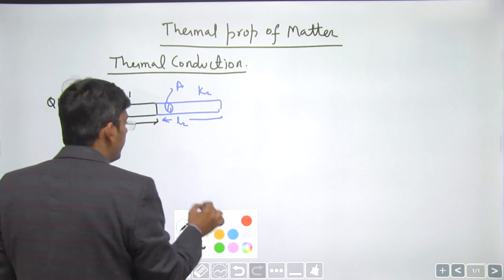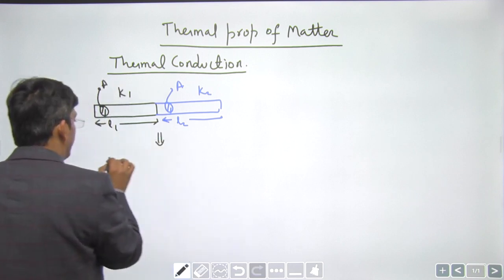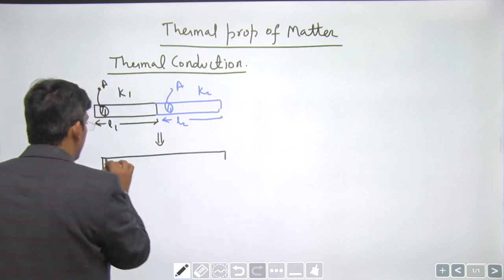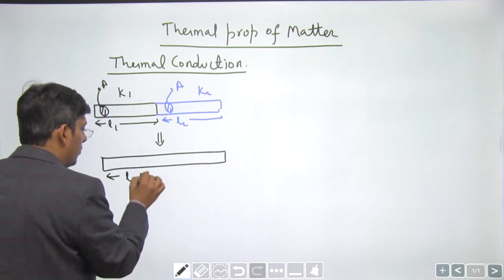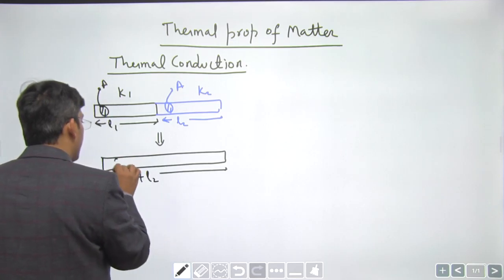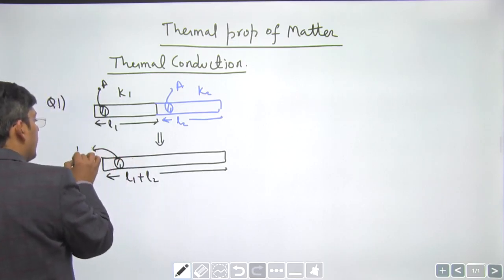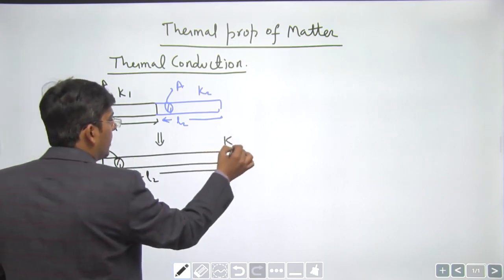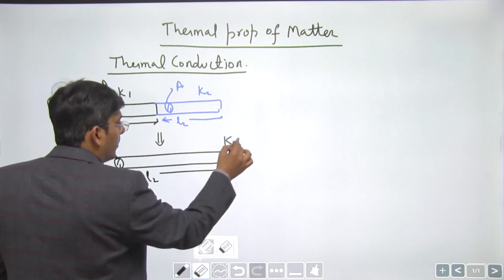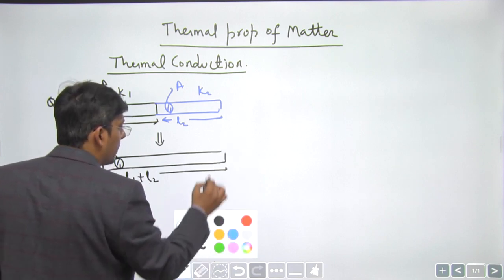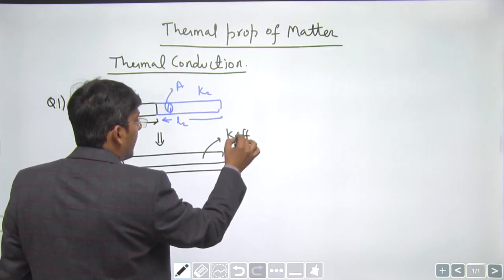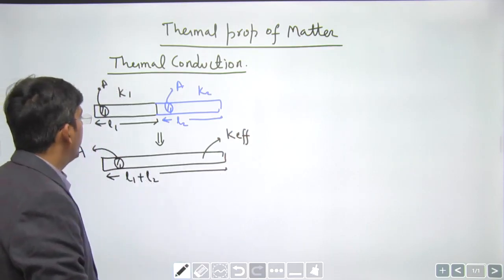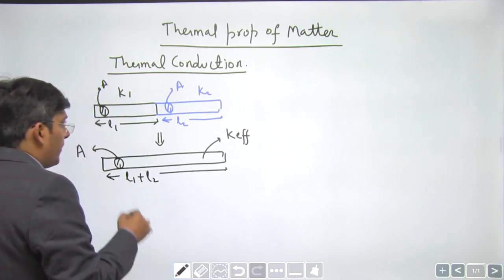Now you want to replace both the slabs by a single slab having length equal to the sum of the lengths, that is L1 plus L2, area same. You want to know what should be the thermal conductivity of the material that is capable of replacing both the slabs alone. So that is a very simple game.